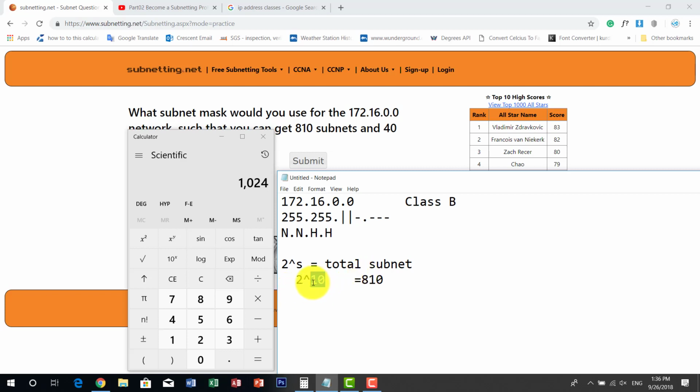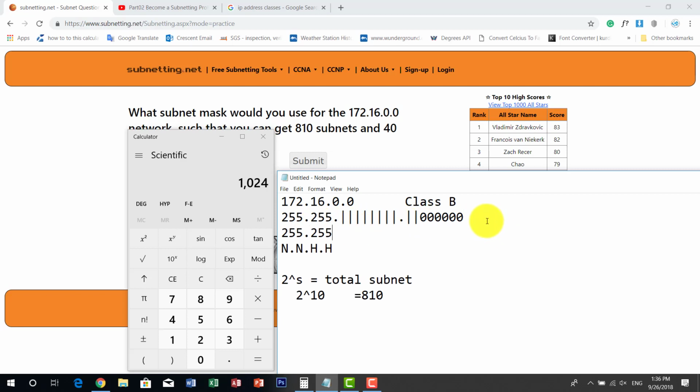As you see, our number is bigger than the given number, so you never get the exact number. So don't worry about this. You just need to get the number which is more than 810. And from the subnets, that 10 means that 10 bits in our binary are on. So we have 8 and 2 from the other portion on.